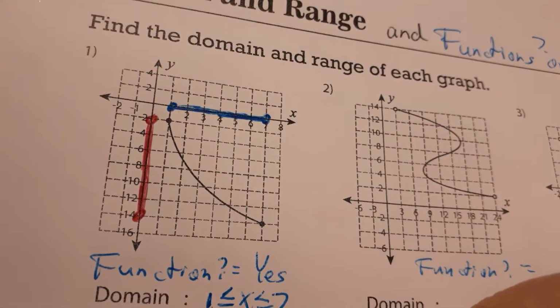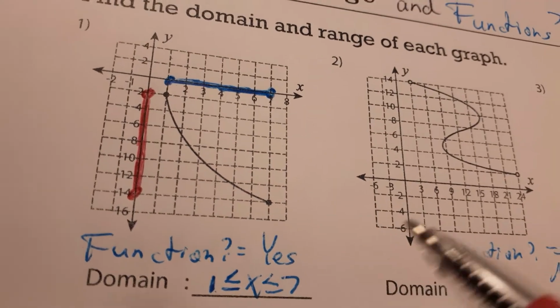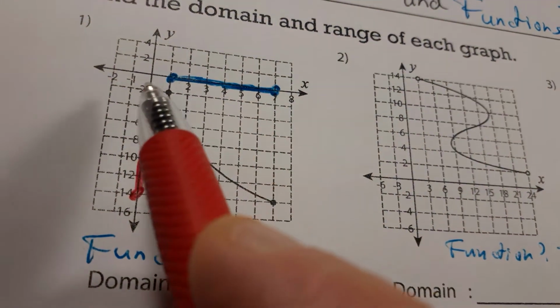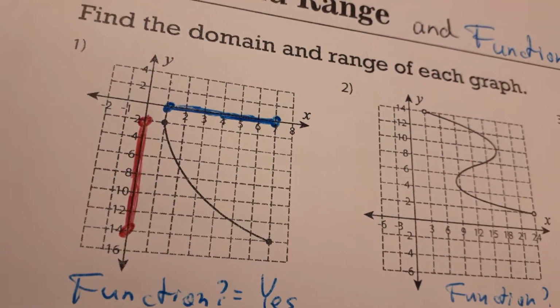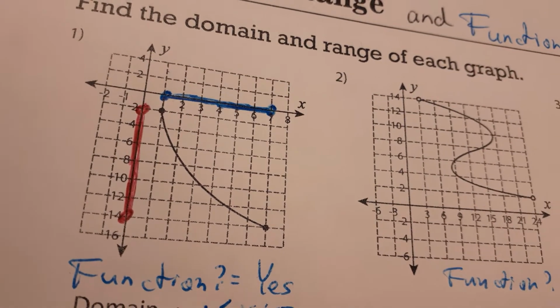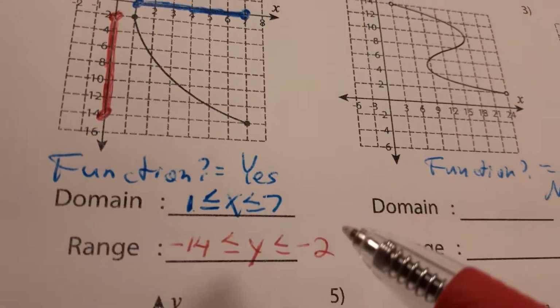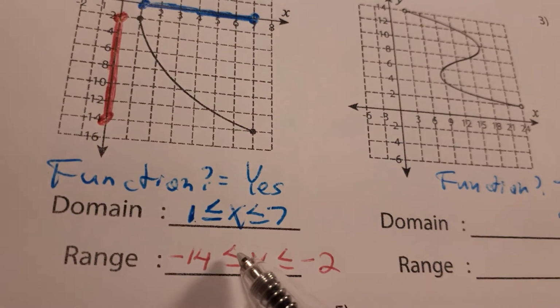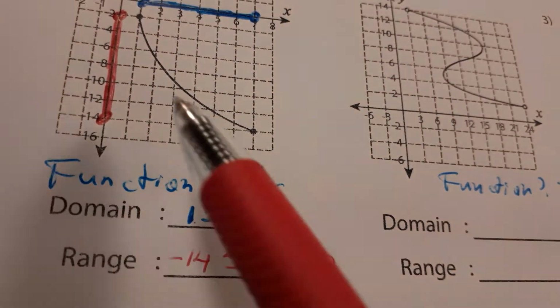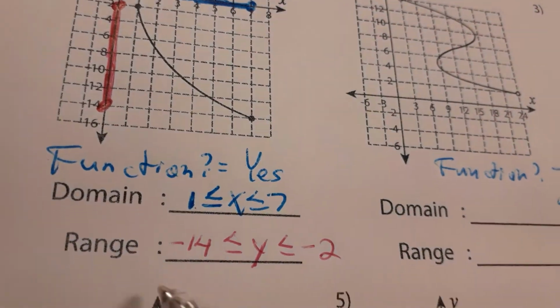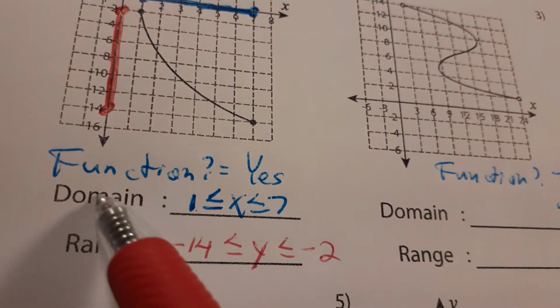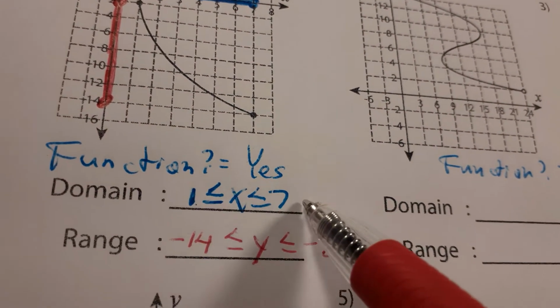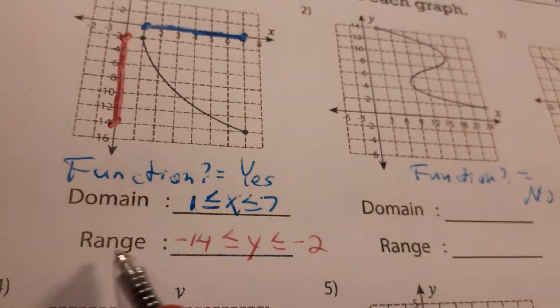Now, since both of these are closed, we close them here also. So we put y is greater than or equal to -14, and it's less than or equal to -2. So the y values range from here. Domain values go from 1 to 7, including that. So that's our domain and range.